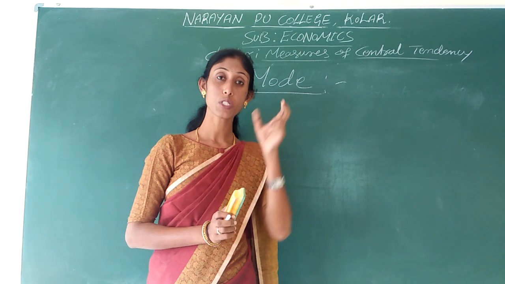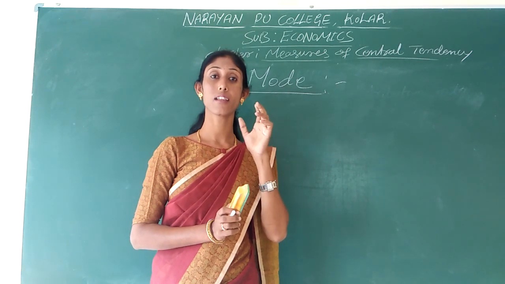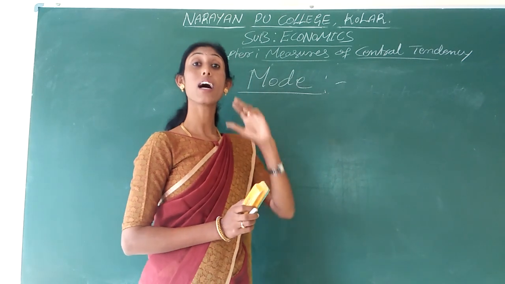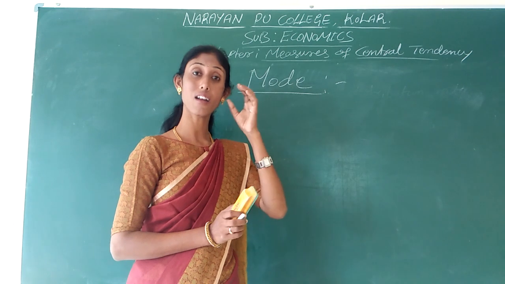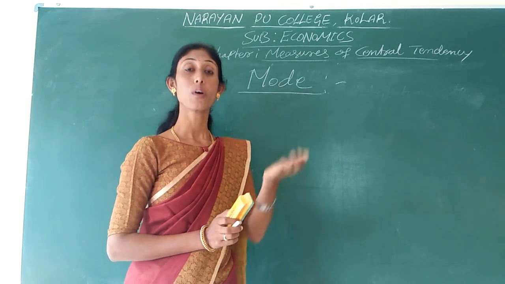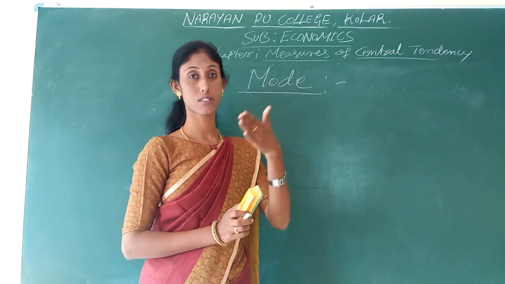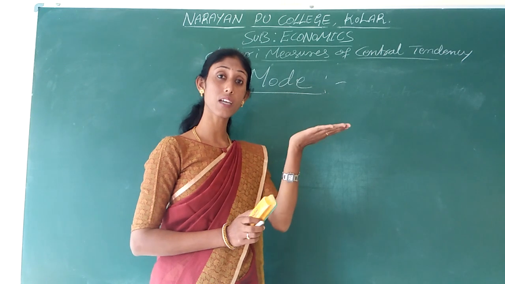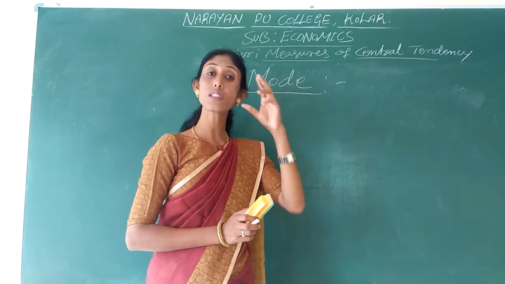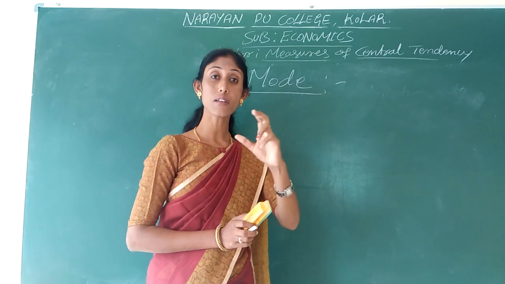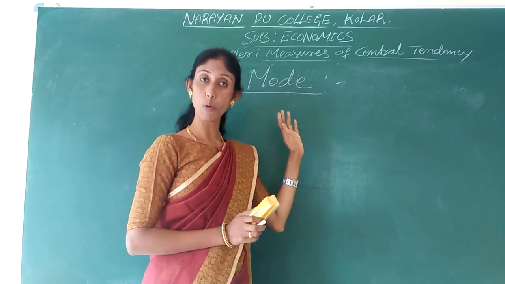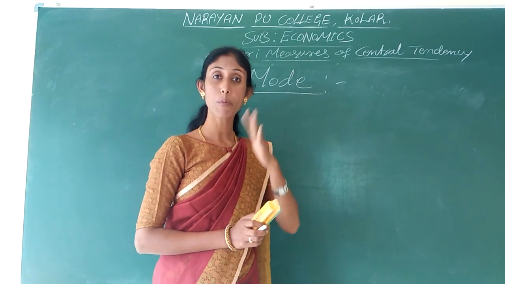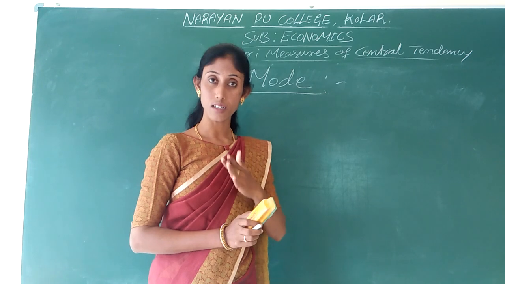Keep in your mind, the most frequently appearing value in the data is called mode, or else mode is the highest frequency compared to its neighbors. Its neighbors means the preceding value and the succeeding value. Compared to the preceding and succeeding values, the one with the highest frequency is called mode. Got it?